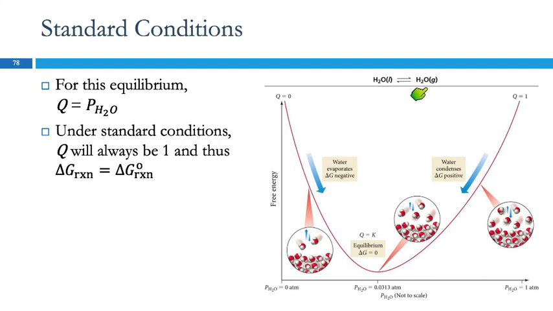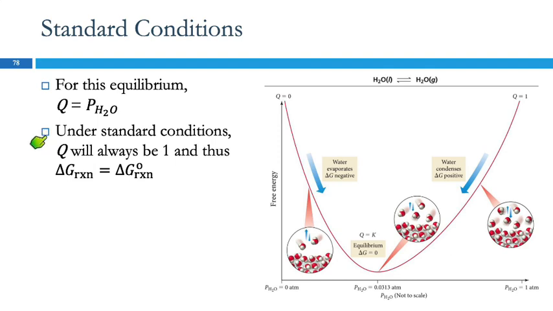Well, it's the concentration of products over reactants, but liquids and solids don't change, so they don't come in there. So it's going to be the concentration of H2O, or the pressure of H2O, right? So the pressure of H2O at any given time, that's our Q. Remember, Q is calculated the same way as K, but it's just not necessarily at equilibrium.